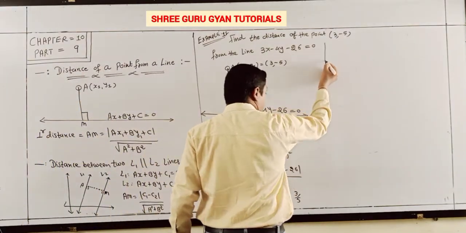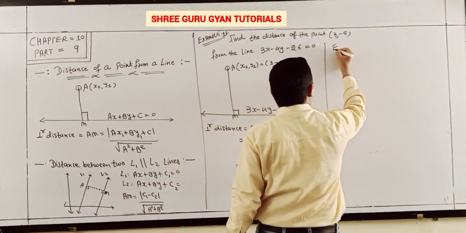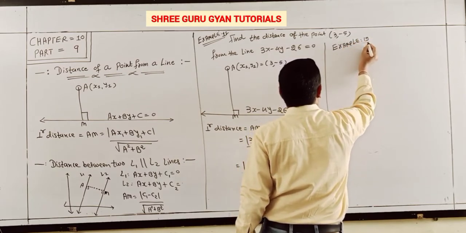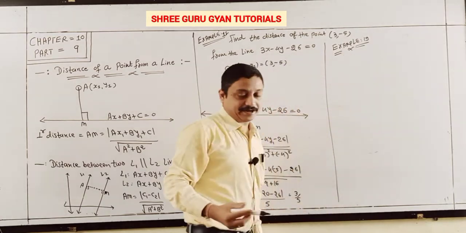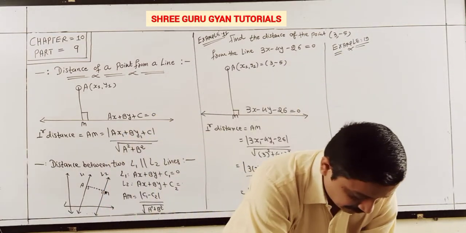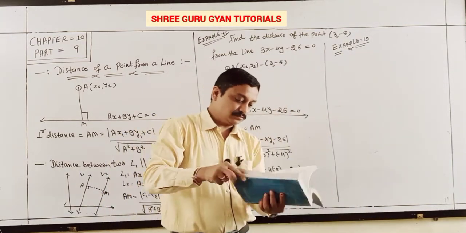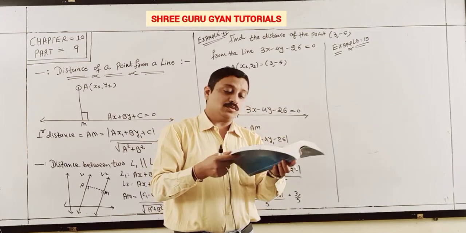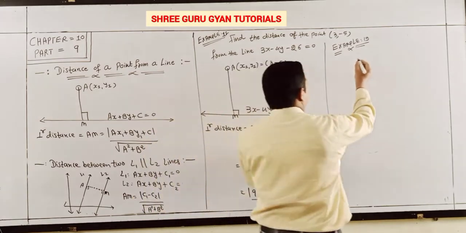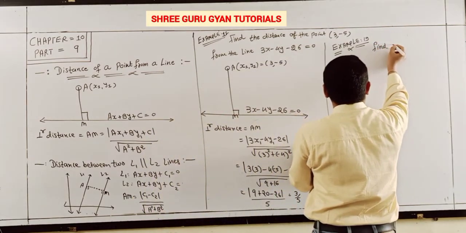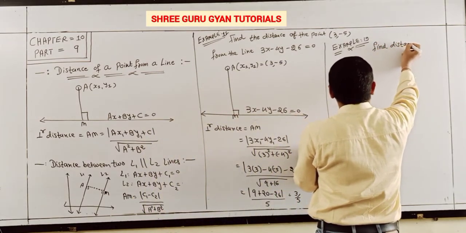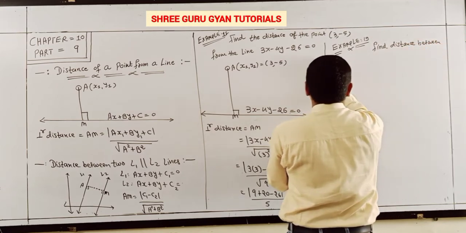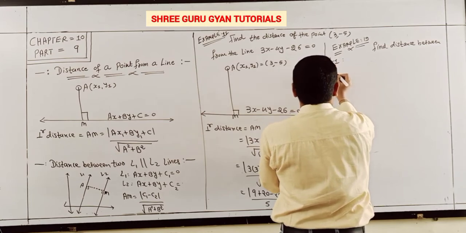Now continue with example 19. Also the same as we go ahead in example 19. Our question is, find the distance between two parallel lines L1 and L2.